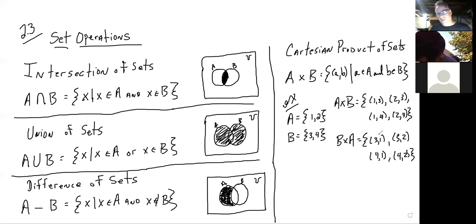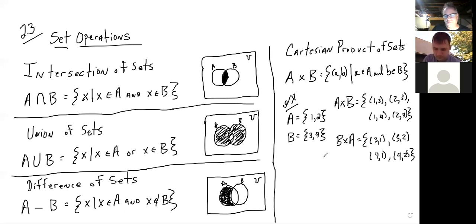Again, the first component of the ordered pair comes out of the set on the left, as you read left to right. Ordered pairs are only equal if their components are exactly the same. Since these are reversed, these sets are what we would call disjoint. They have nothing in common.